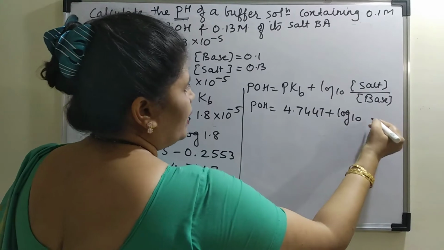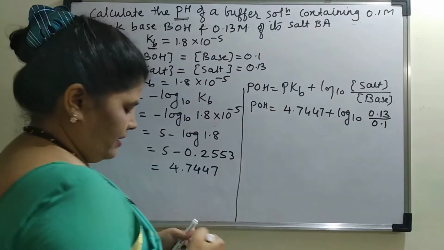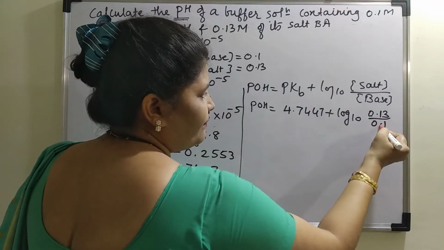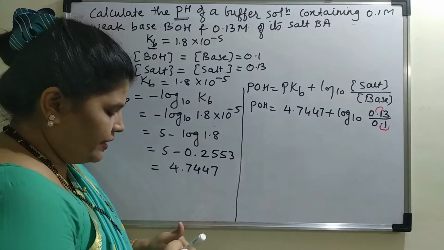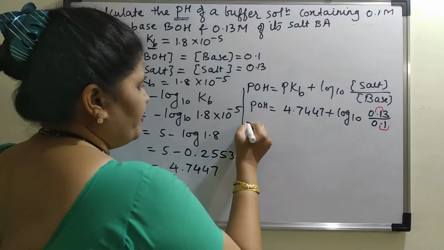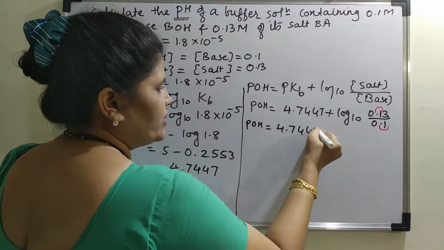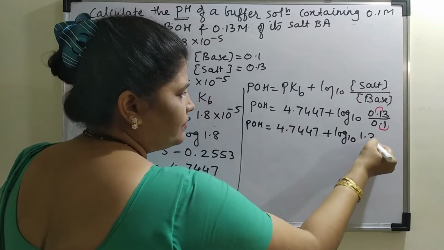The salt is 0.13 upon 0.1. So let us now remove the decimals from here. I will shift this one place to this side, this one place to this side. I'll get 1.3. So pOH is equal to 4.7447 plus log to the base 10 of 1.3.